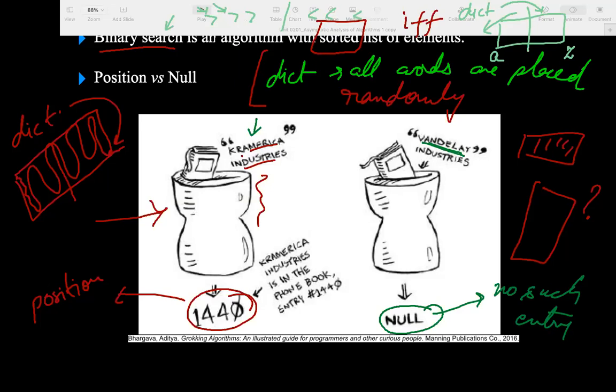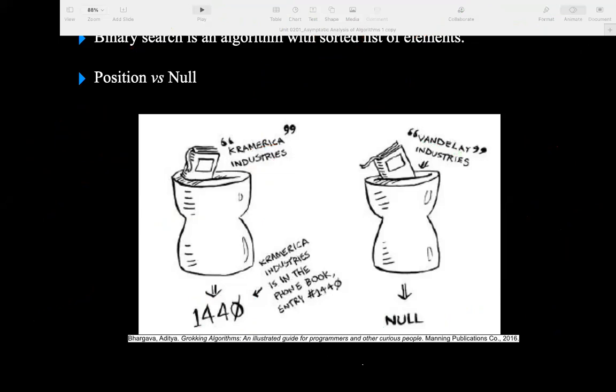Once our algorithm finds it out, we can move in this direction or that direction, right? Does that answer your question? Thank you for pointing it out, because it's very important. When we write an algorithm, we must understand whether it is in decreasing or increasing order. Only then can we execute our program.